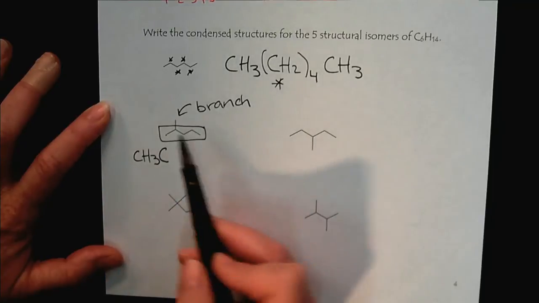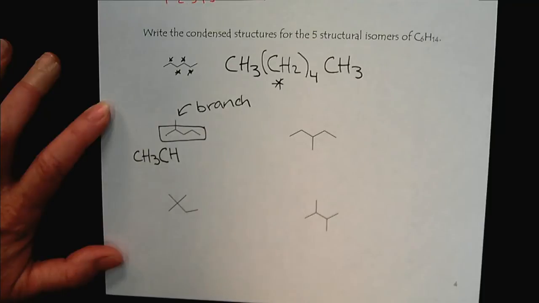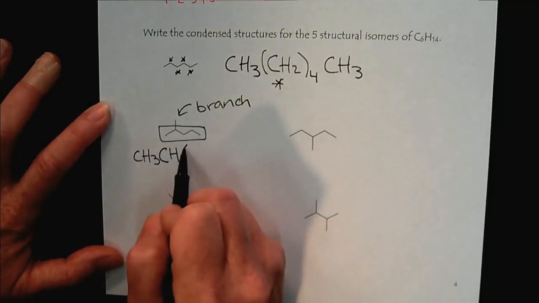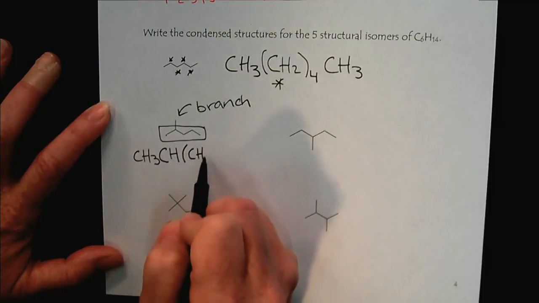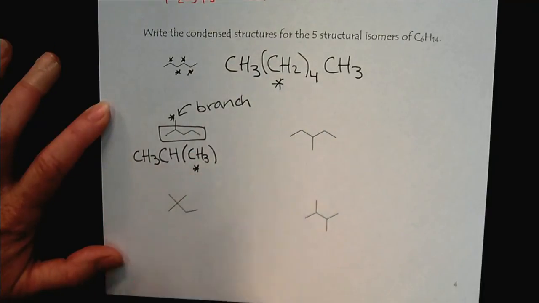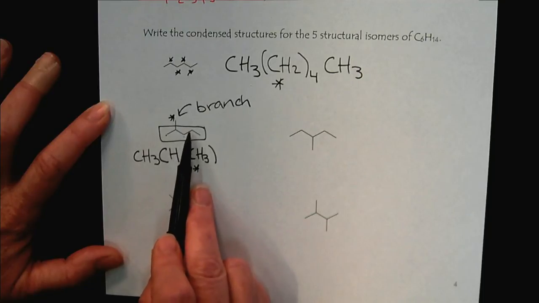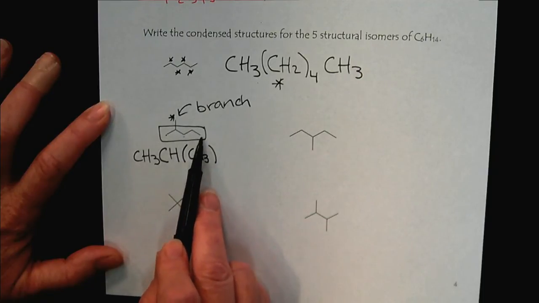Since carbon wants 4 bonds, we recognize that there's a hydrogen that hasn't been shown, and then we would use the parentheses to show the CH3 group coming off right here. And then we would continue along the carbon chain, CH2, CH2, CH3.